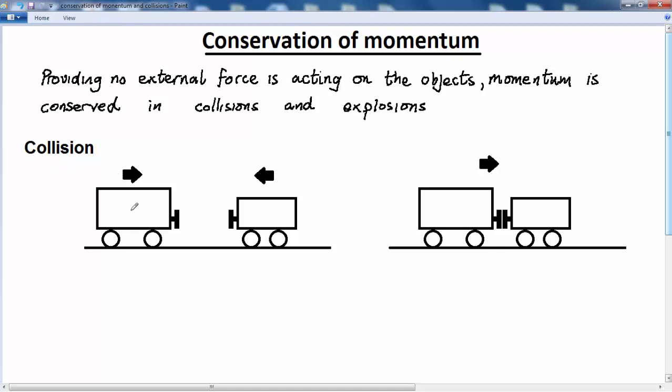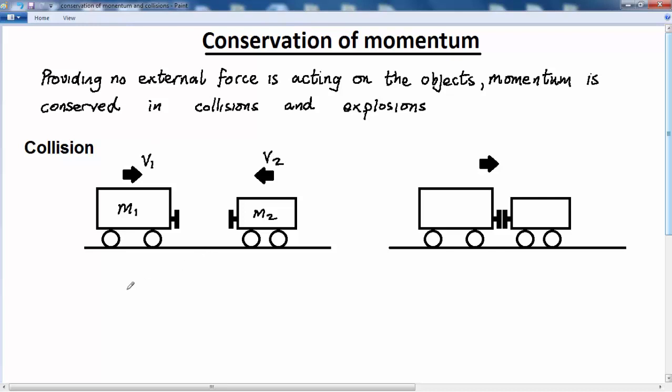So we've got two carriages, one of mass m1 and another of mass m2, and they're moving towards each other. So we have this one travelling with velocity v1 and this one travelling with velocity v2.